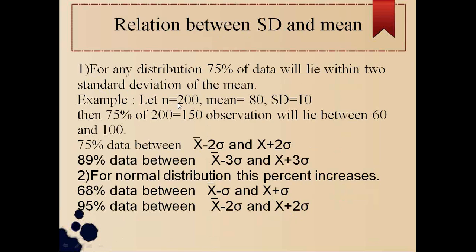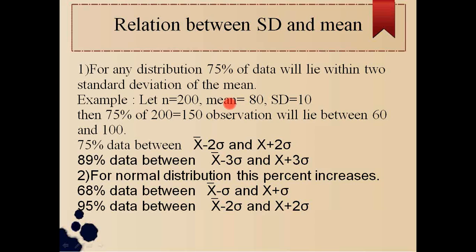Let's say n is equal to 200. There are 200 numbers in a data set. The mean is 80 and the standard deviation is 10. So mean plus standard deviation will be 90. Mean minus standard deviation will be 70.